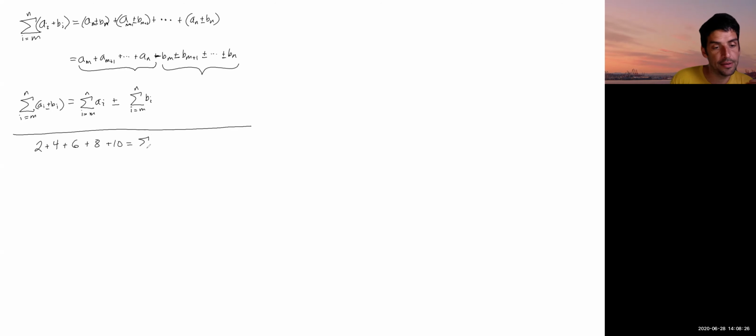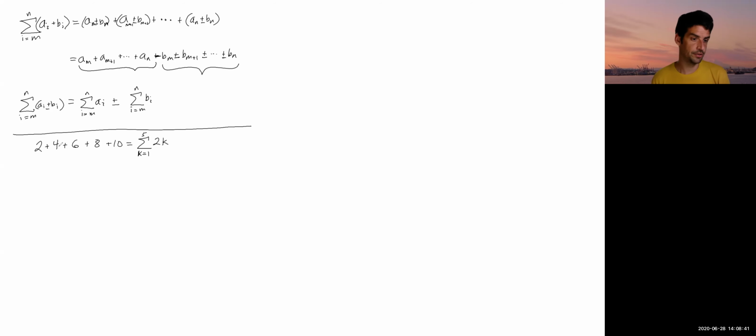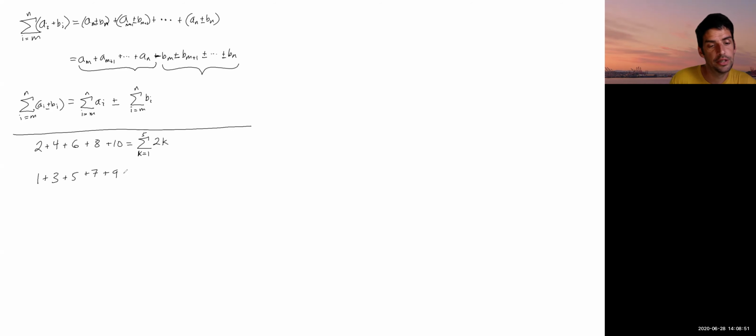If I want to list them using my summation notation, let's try a different index. Let's say k equals 1 to 5. It's just 2k, right? When k equals 1, we get 2. When k equals 2, we get 4. 3, we get 6. 4, we get 8, and so on. What about the odd numbers? Well, this is a nice little trick.